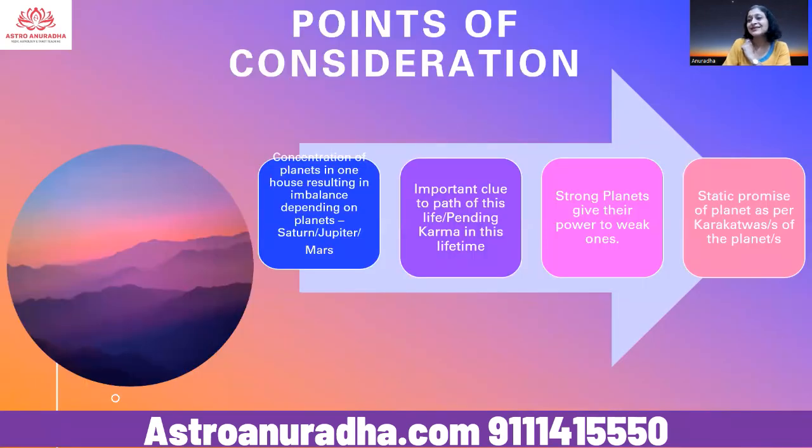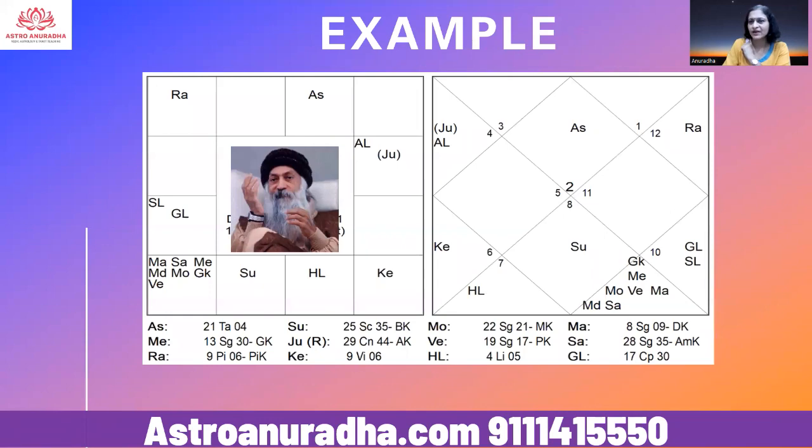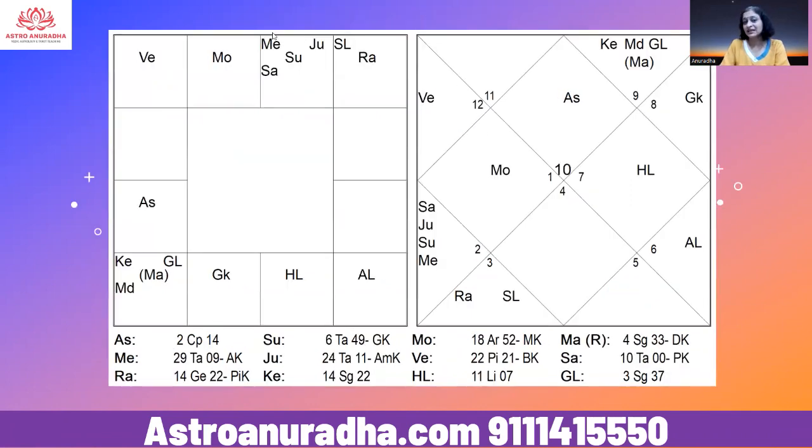Then we talk about a static promise that we see in every chart. Every chart will have a certain promise, known as the yoga or the potential. In Osho's chart, we can see that these 5 planets will be dictating their own houses, so to speak. And in this chart, we will see that there are 4 of these planets, which will again dictate the entire chart.